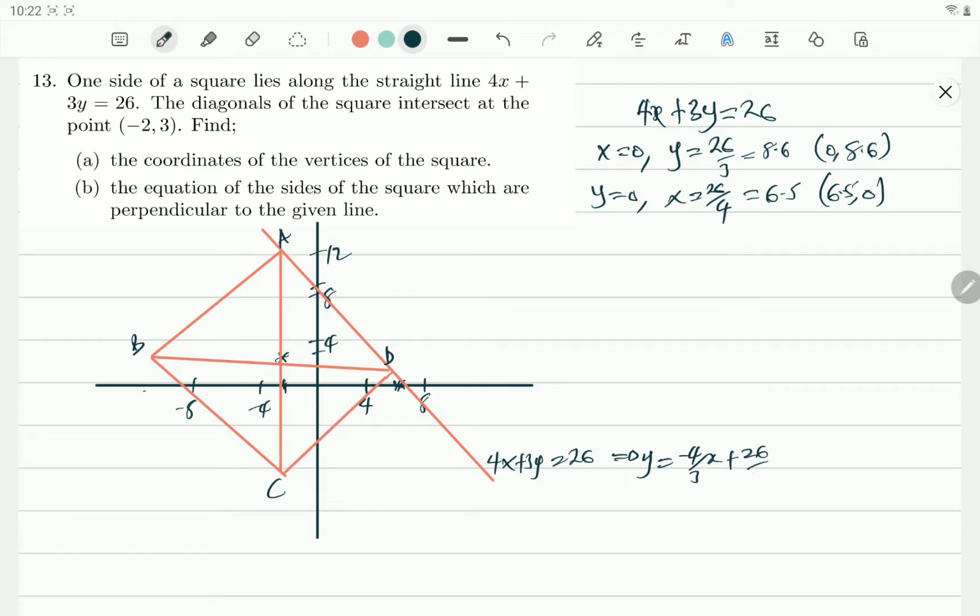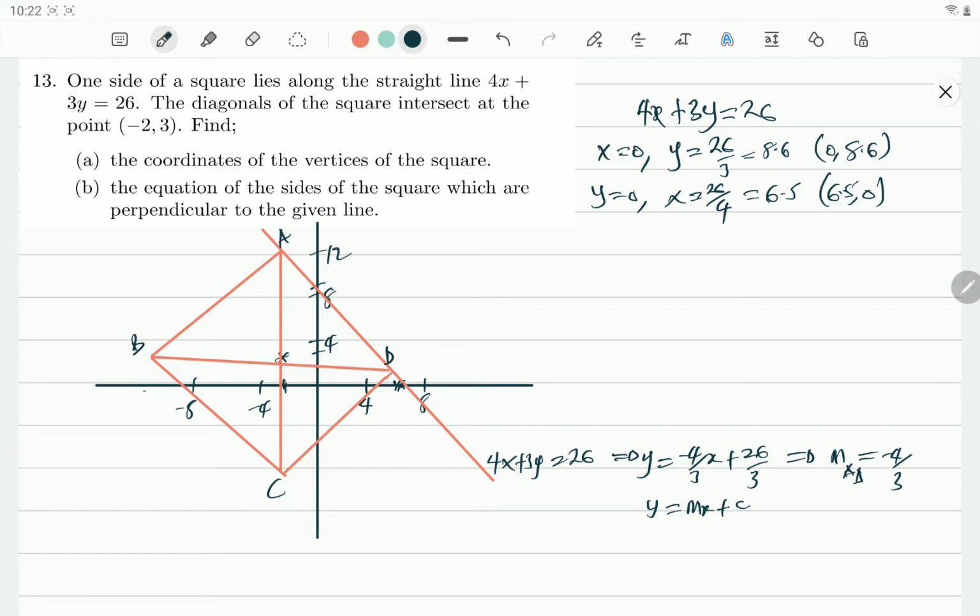I've basically made y the subject, and this implies that the gradient of this line, which I'm going to call the line AD because it is the line AD of the square, is minus 4 over 3. We were basically comparing with y equals mx plus c, where m is the gradient.